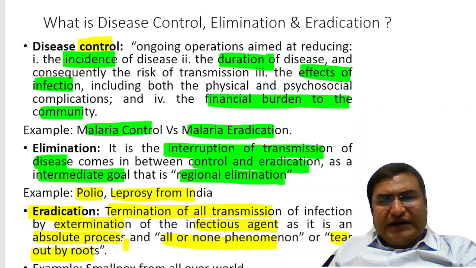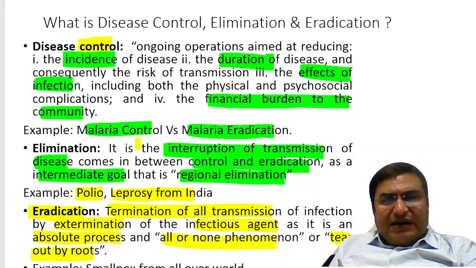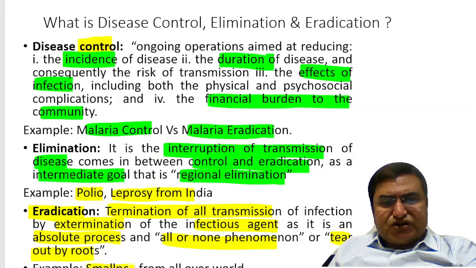It is called disease eradication. So here malaria control means malaria will be there, but in an endemic kind of situation in which you will see a few cases. But eradication means you won't see a single case all over the world. So far, only one disease has been eradicated, that is smallpox.